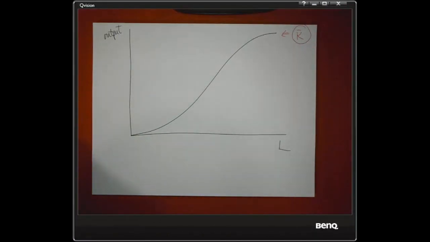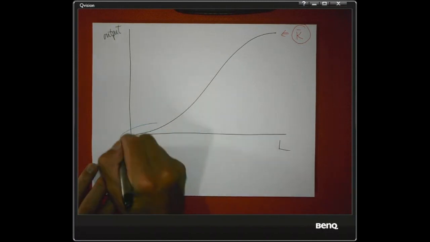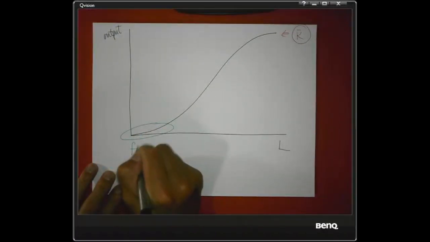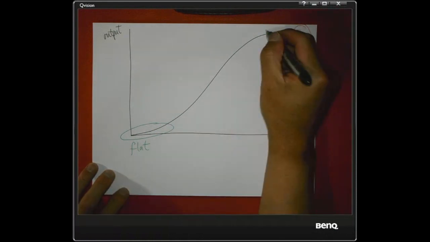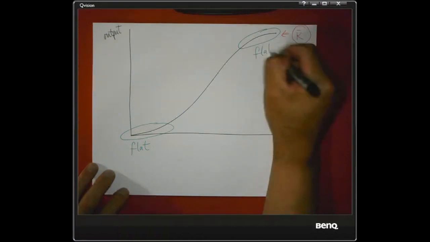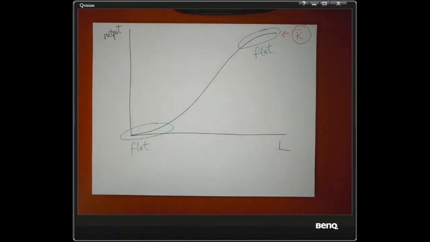And now, first, what do we observe? In here, this curve is flat. And up there, this curve is also flat. Now, what does it mean when this total product of labor curve is flat?